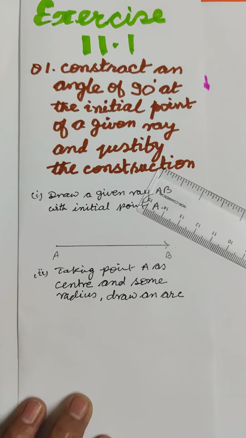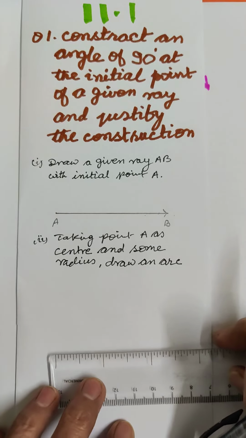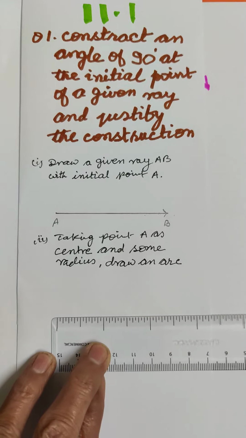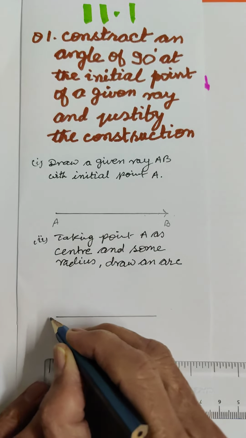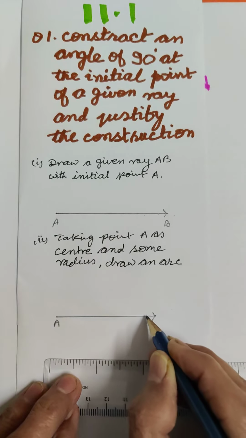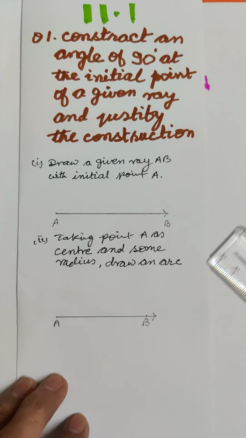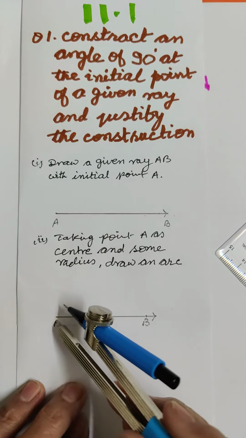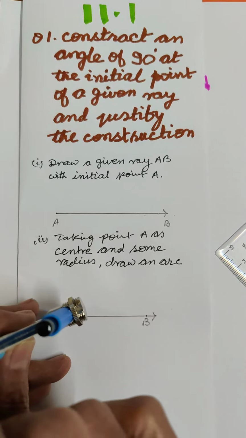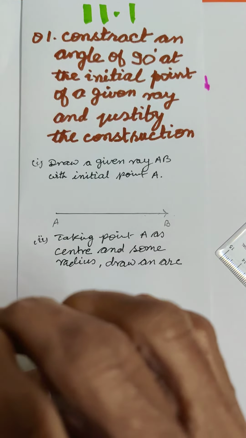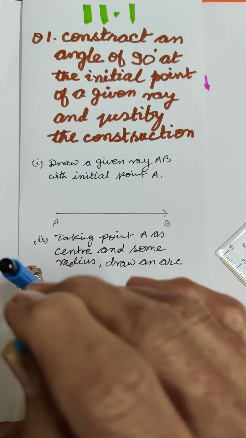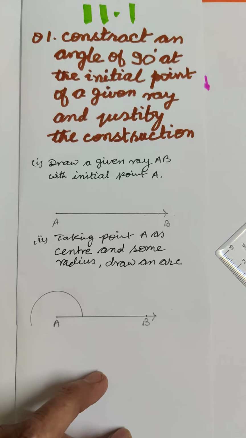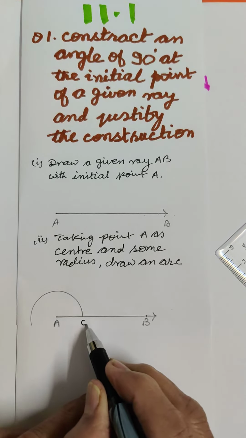This is ray AB, with initial point A and the other point B. Taking A as a center and a suitable radius, draw an arc beginning from AB. Let the arc intersect AB at C.